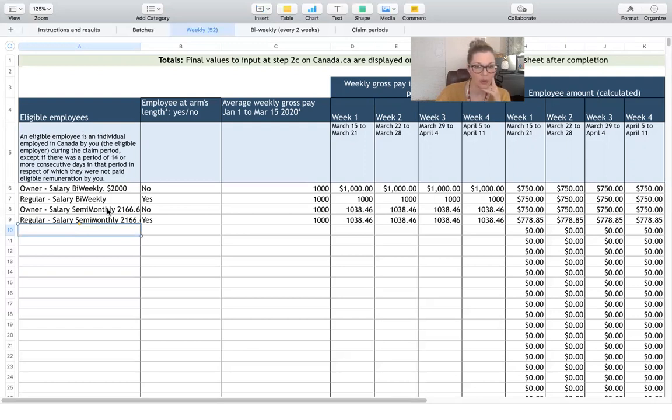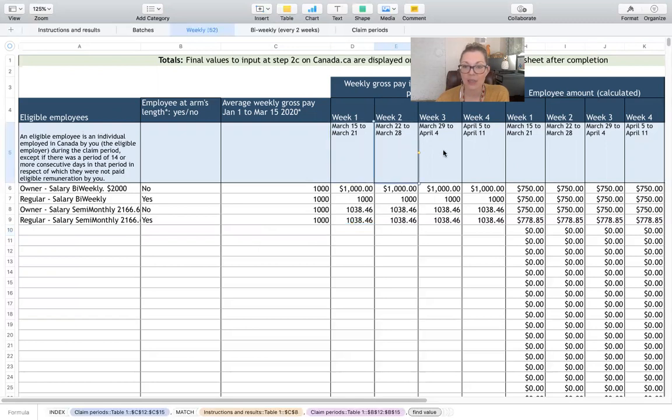Okay, so before we wrap up part 2, we're going to just talk about hourly. So hourly is going to be slightly easier because we can still follow the same method that I showed you for calculating the baseline. And then because you hopefully have their timesheets, it's a lot easier to figure out what their wages earned were in these weeks.